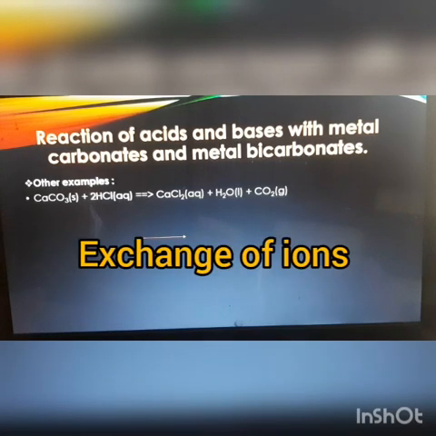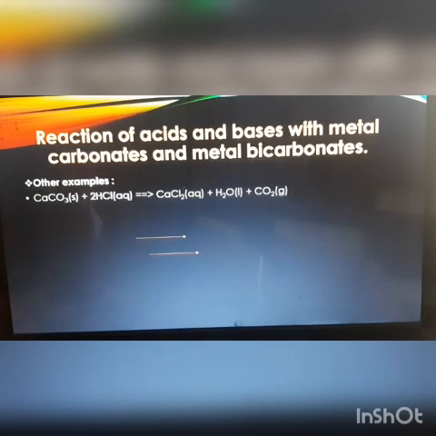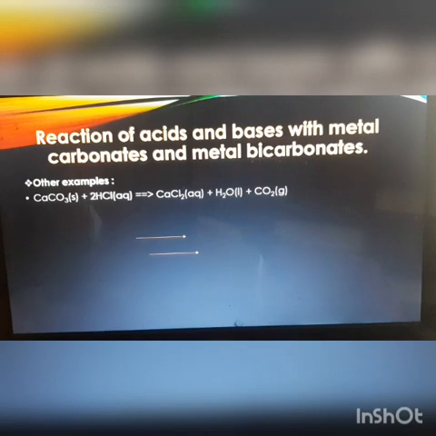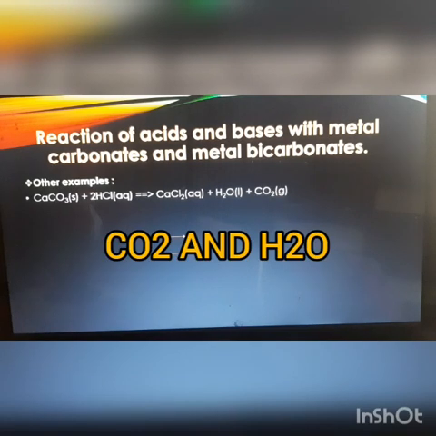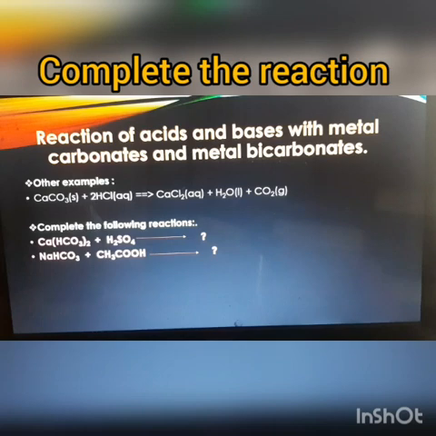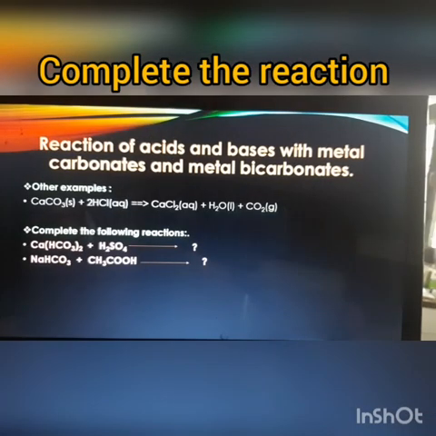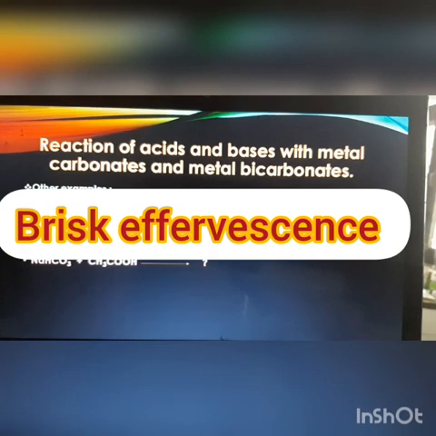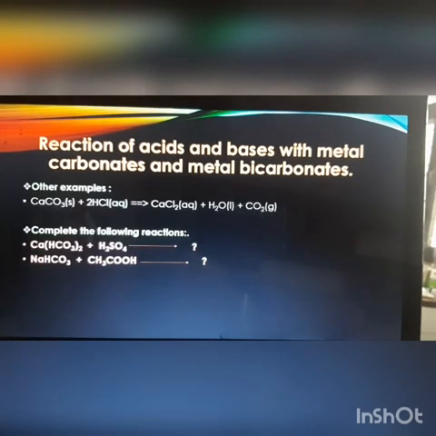Calcium goes to the chloride ion and forms calcium chloride, and hydrogen ions go to the carbonate ion to form carbonic acid, which splits into water and carbon dioxide. Now further, can you write the reaction for this? Here we have seen that a brisk effervescence appears, because carbon dioxide gas has been evolved.